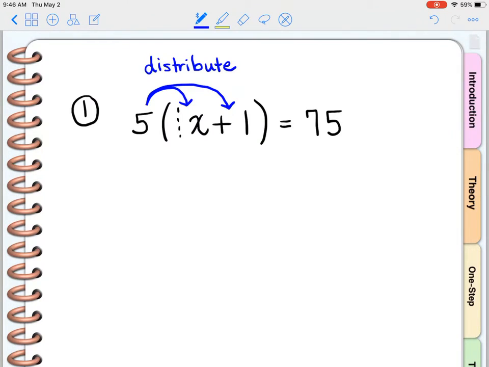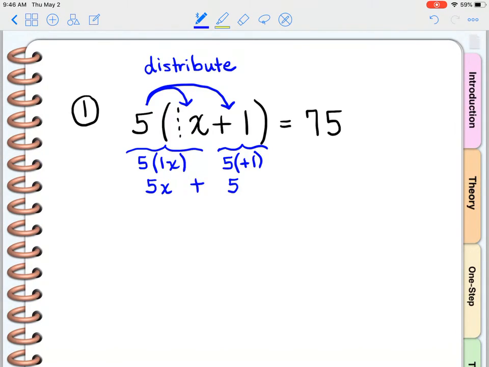The first part is 5 times 1x. So I'm taking those first two terms and multiplying them. 5 times 1 is 5, and then we keep the x. This part is 5 times positive 1, and that's just going to be positive 5.